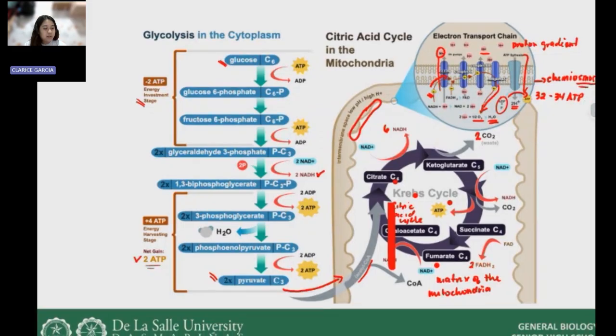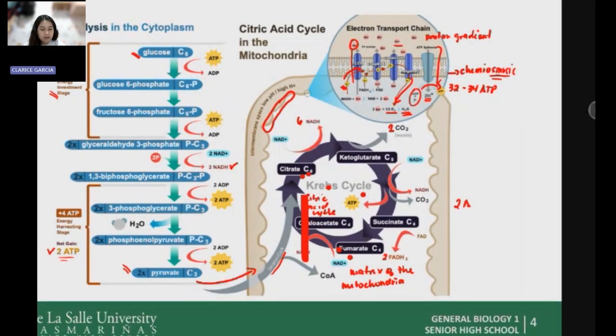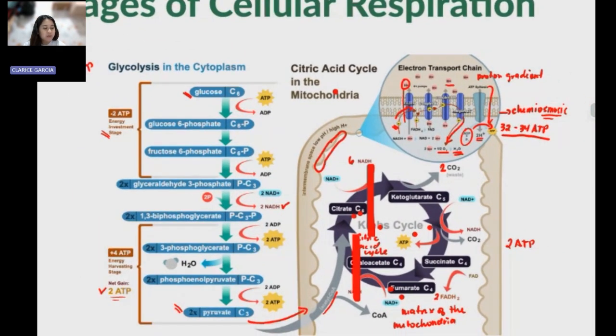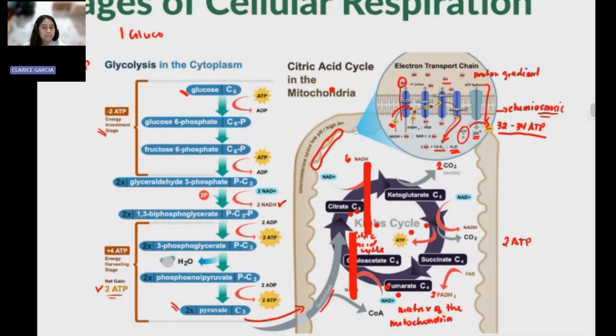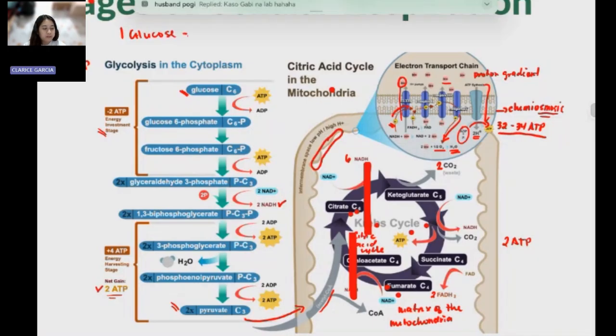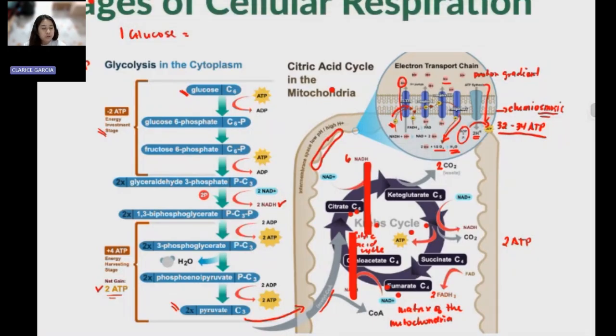So to summarize, glycolysis creates 2 ATP, the Krebs cycle creates 2 ATP, and the electron transport chain will create 32 to 34 ATP, which turns out that one glucose will yield 36 to 38 ATP.